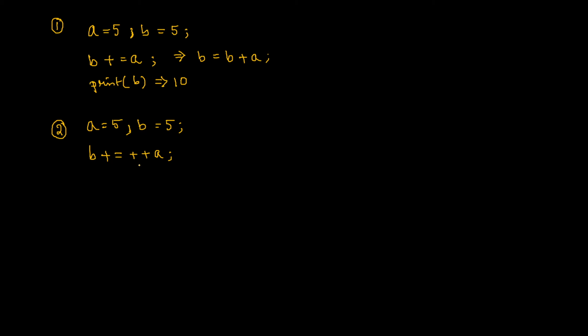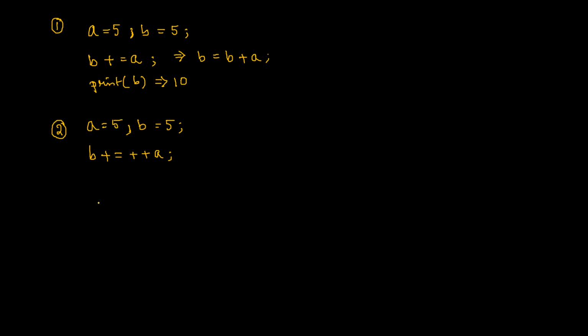You see, I have more than one operator, so definitely this plus plus means pre-increment. And if it is pre-increment, blindly you increment the value of a first. A becomes 6, and that will be added with b.